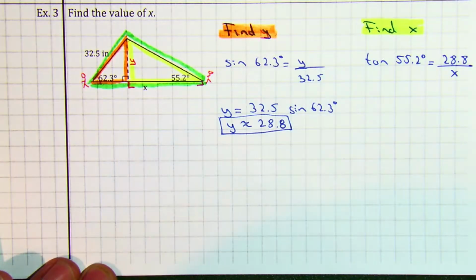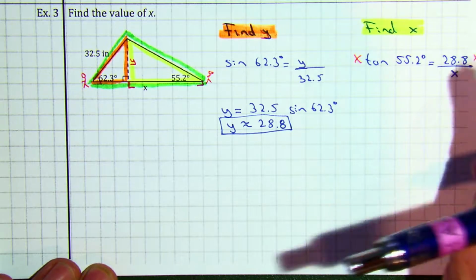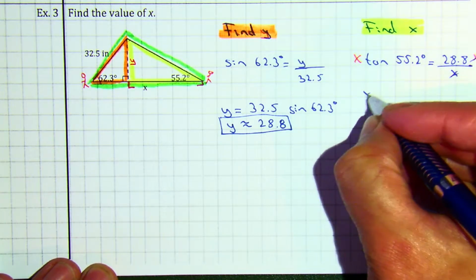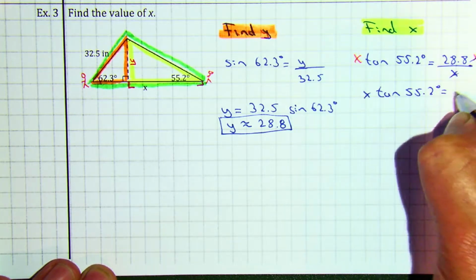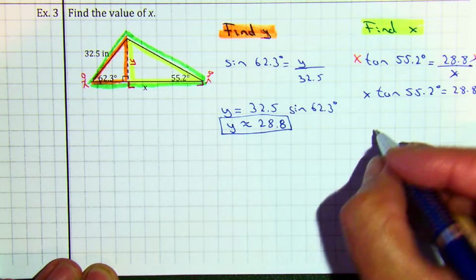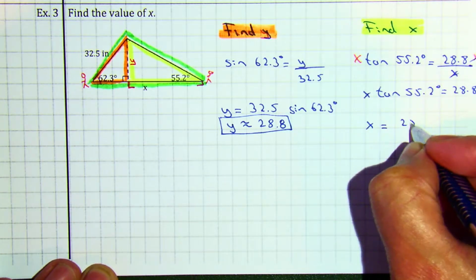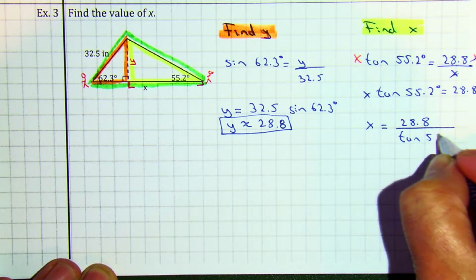And now I need to solve for x. So I'll multiply both sides by x. That cancels. So therefore we have x times the tangent of 55.2 degrees is equal to 28.8. I'm going to divide both sides by the tangent of 55.2. So x equals 28.8 over the tangent of 55.2 degrees.